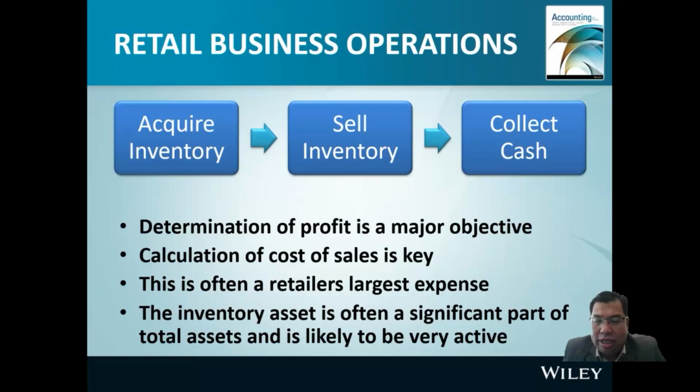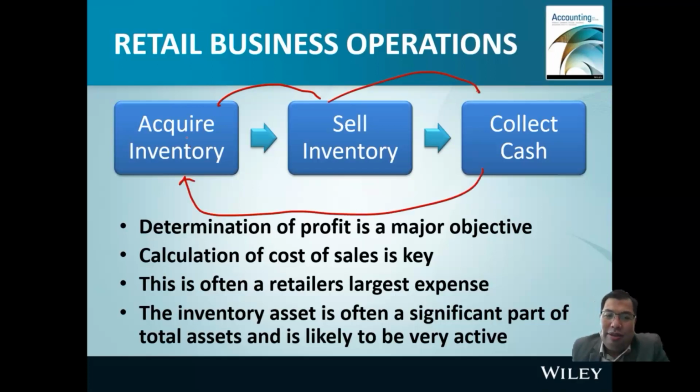If you're doing cash sales, you will receive the cash immediately. By using that cash, you buy more stock and then sell more goods to your customer. So the cycle is there: acquire inventory, sell inventory, collect the cash, use the cash to buy more inventory, sell the inventory, collect cash, buy more inventories.